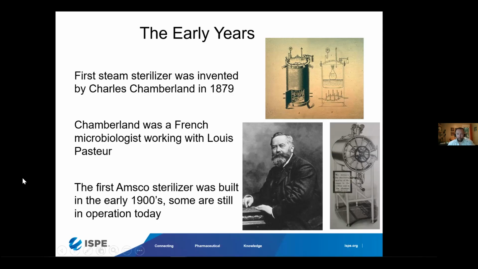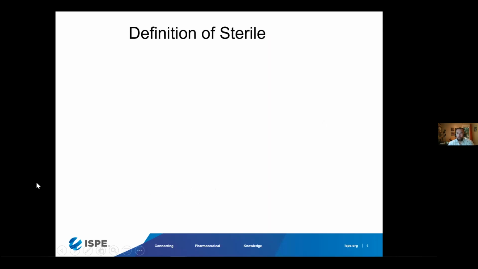So Steris has over 100 years of expertise in sterilization, specifically in steam sterilization. And really that brings us to today to talk about some of these concepts. So to be on the same page, I'd like to start with the definition of sterile.